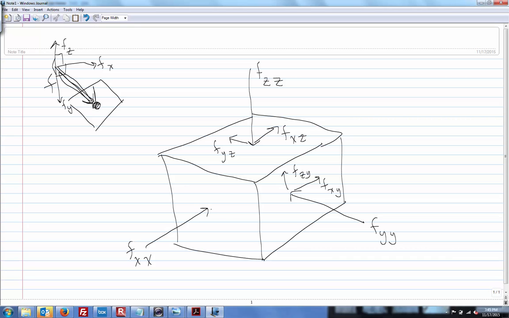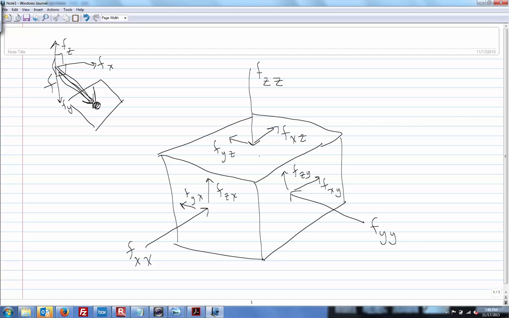Keep going. You've got here a force acting in the, well, let's draw it the other direction, a force acting in the y direction on the x surface, and then finally you can have a force acting in the z direction on the x surface. We now have 9 forces to keep track of.